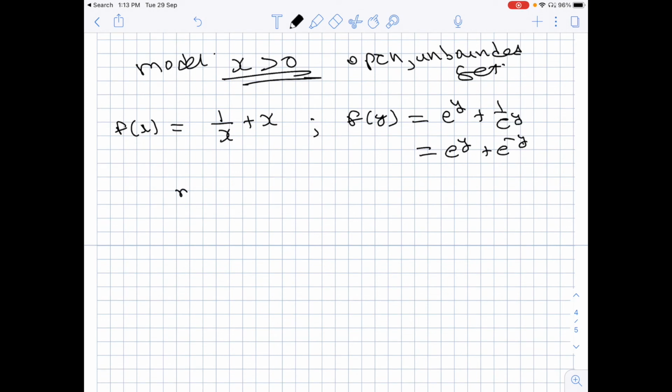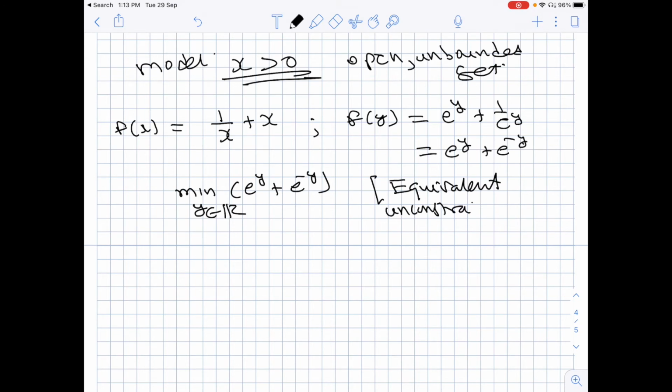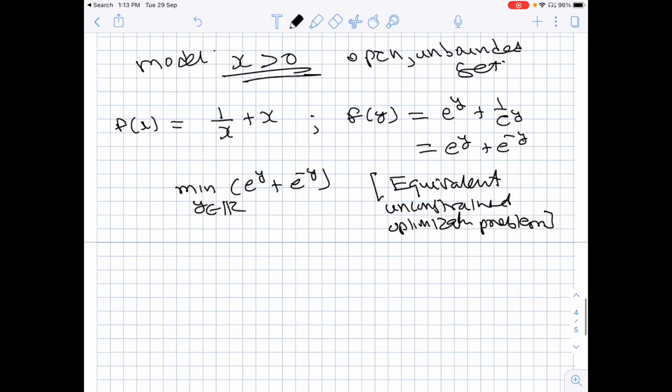And our equivalent unconstrained problem is to minimize over y coming from the real line. So this is now an equivalent unconstrained optimization problem, is it not?